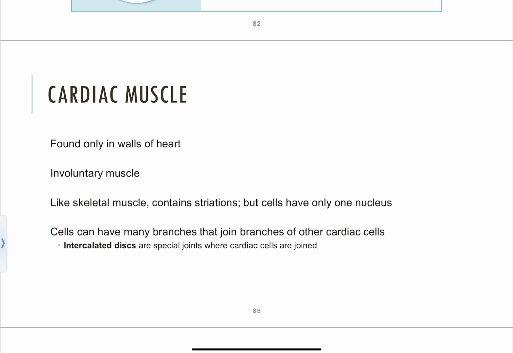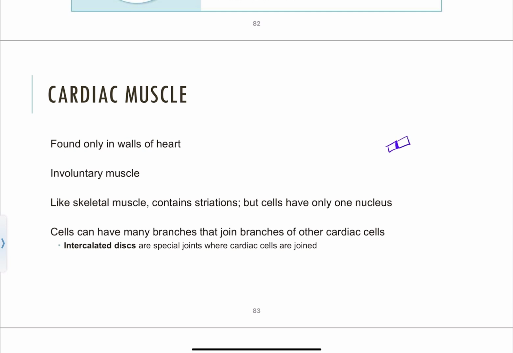Like skeletal muscle, it also has those bands, so dark and light bands called striations. But instead of having multiple nuclei, cardiac muscle typically only has one nucleus. The cardiac cells are much shorter, so we don't have these long, huge extensions. So because they're much shorter and because we have to make up our entire heart, we actually have to connect these cardiac muscles.